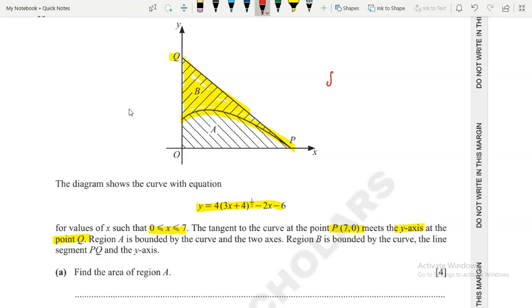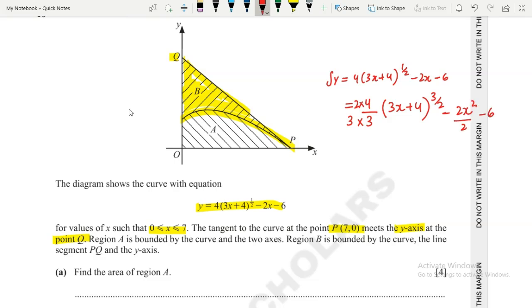Let's integrate this y: 4(3x + 4)^(1/2) − 2x − 6. We divide by the derivative of the inner bracket, which is 3, and we add one to the power and divide by it, so 3/2, which gives a factor of 2/3. Then −2x becomes −2x squared divided by 2, and −6x.